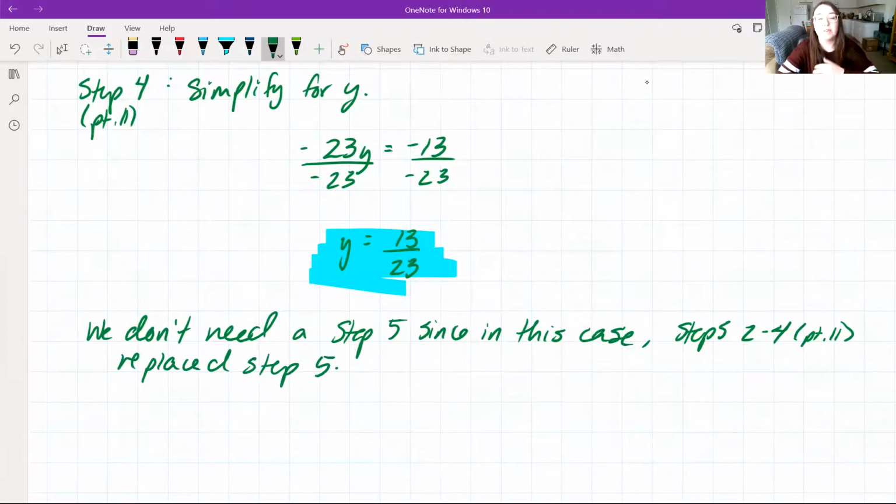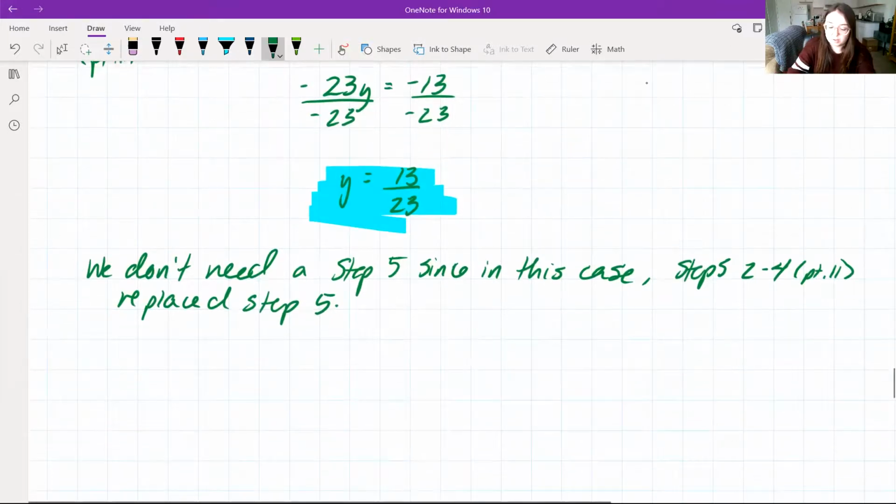Step 5 was just finding the value of our other variable, and since we did steps 2 through 4 again, and since it would be difficult to plug in x into our equations to solve for y, we'll just say that steps 2 through 4, part 2, replace step 5.